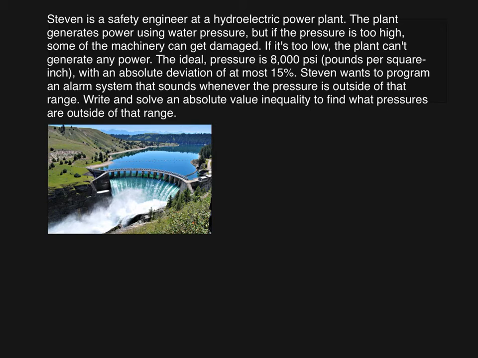So we are looking for pressures, right, that are outside of that range. Now, the big numbers we're going to need: 8,000, because that's the ideal pressure, and we're going to need the absolute deviation, 15%. Now, it's 15% of 8,000, so we've got to make sure we find that first. So to find 15% of 8,000, we can use our percent equation.